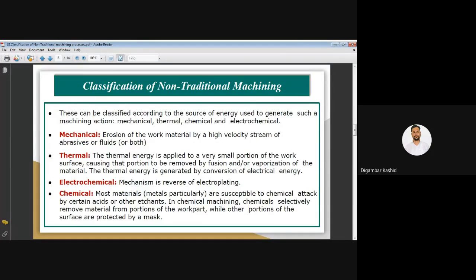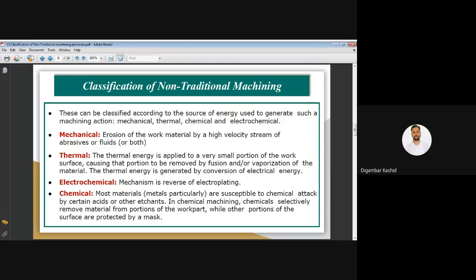Due to that reaction, material will be removed from a portion of the workpiece. So an agent is used to attack your workpiece. That certain chemical we can call the agent. So in chemical machining, chemicals are selected to remove the material from a portion of your workpiece.